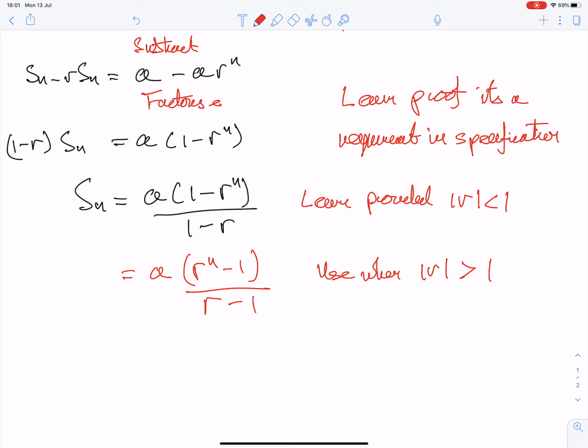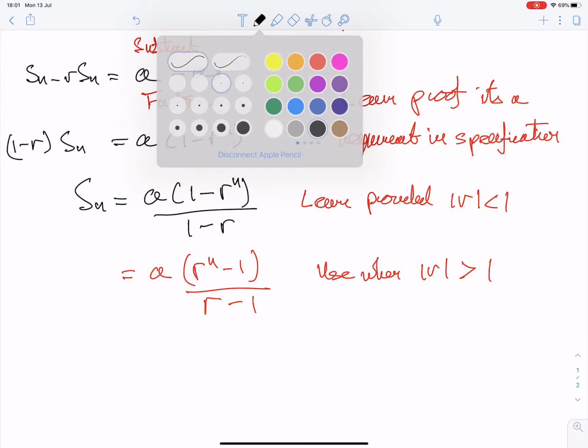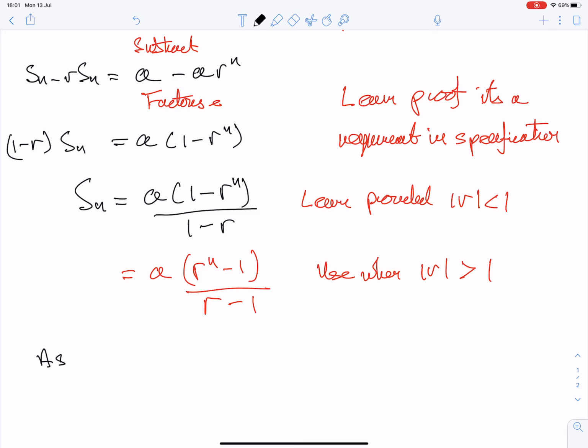Okay, now, as n tends to infinity, r to the n tends to 0, provided the modulus of r is less than 1. Just take your calculator, take a number like 0.5 and square it, and then square it again and square it again, and keep on going.